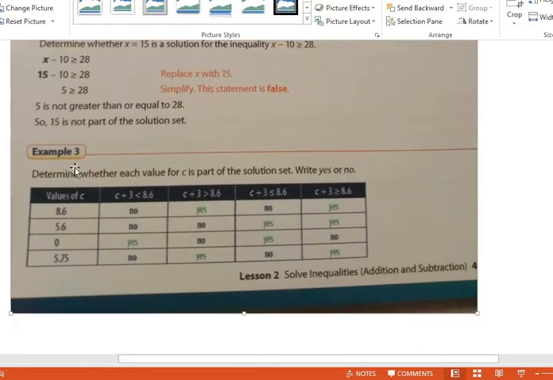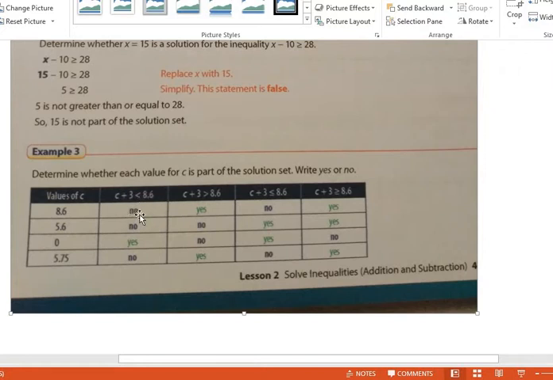Here I have another example. Determine whether each value for c is part of the solution set, yes or no. I have the value 8.6 and the inequality c plus 3 less than 8.6. Instead of c, we use the values given in the table. 8.6 plus 3 less than 8.6. Is this true?